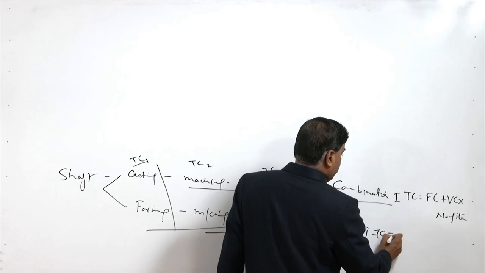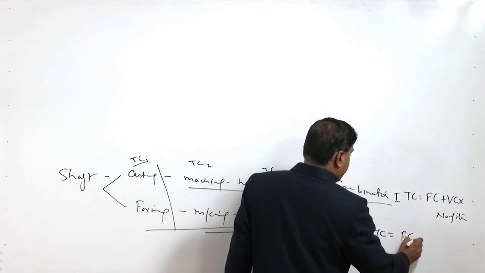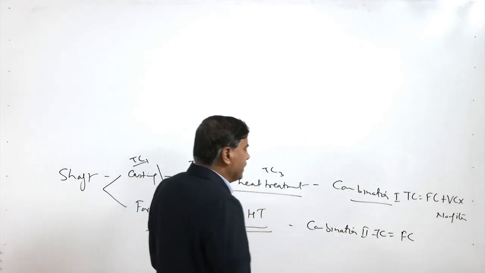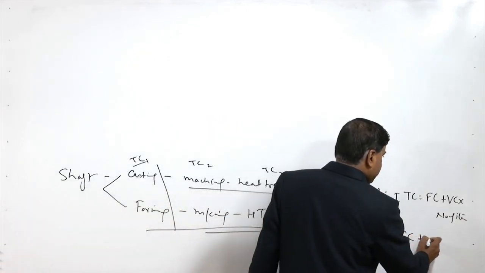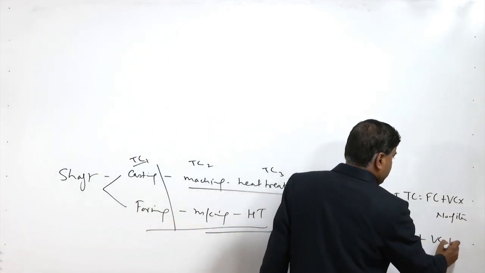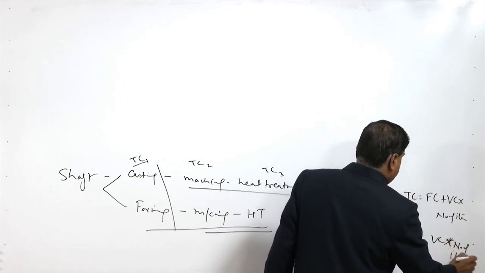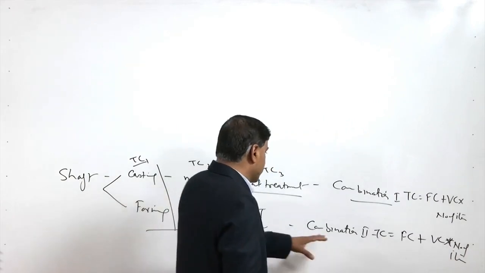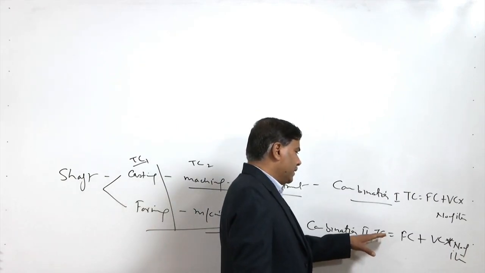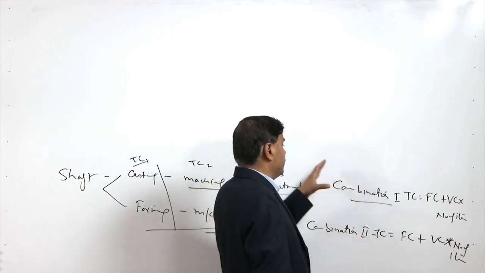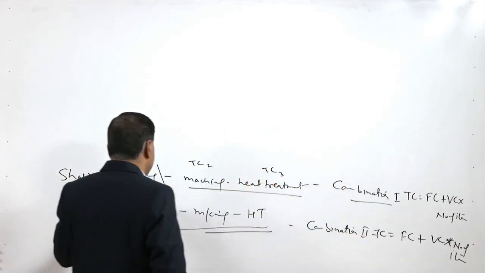TC, total cost, obtained from the fixed cost involved in forming, machining or heat treatment related to the equipments, plus variable cost into the number of items to be made. So, basically total cost for combination 1 and total cost for combination 2, this is how it is determined.